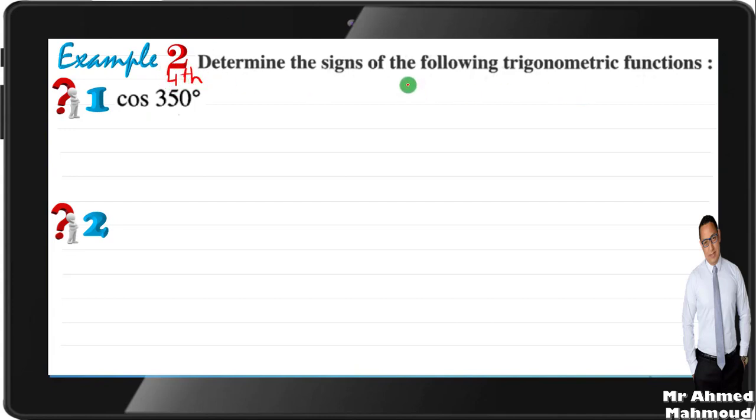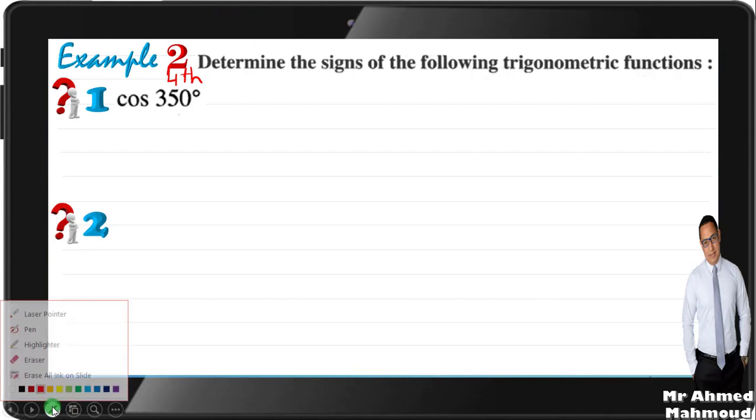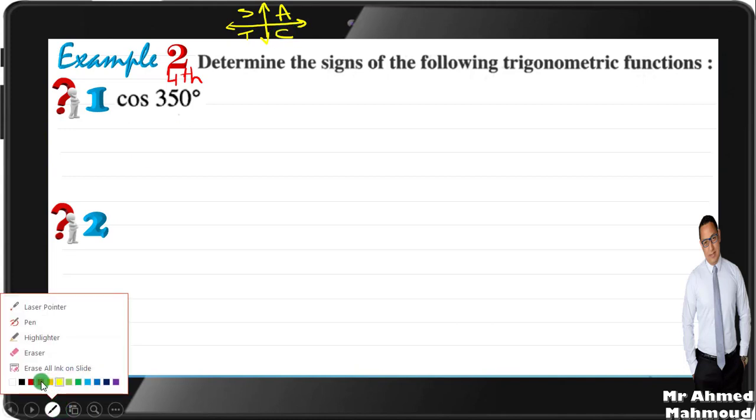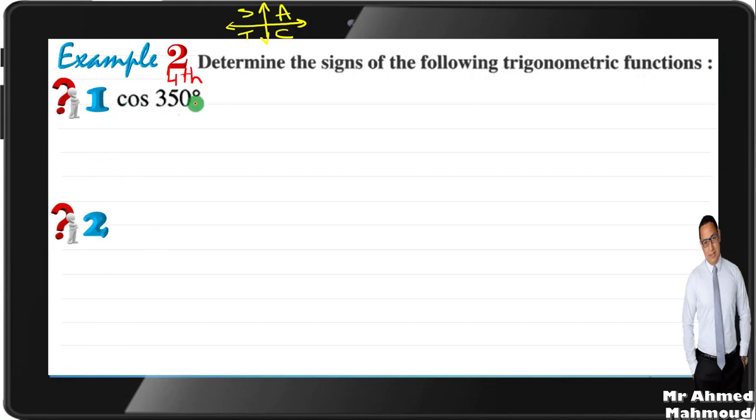Remember with me the asterisk rule: all positive, sine positive, tan positive, cosine positive. Okay, this is the asterisk rule. So cosine in the fourth quadrant is positive.